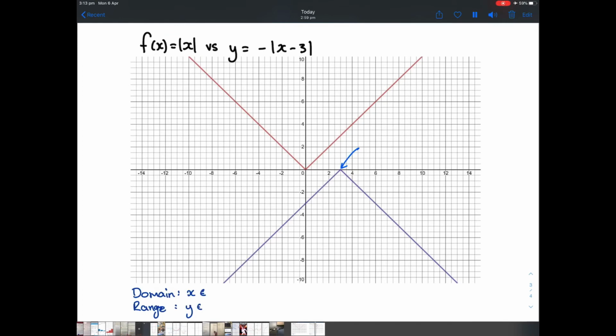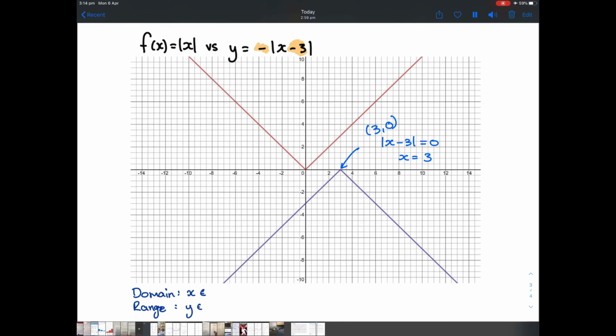That sharp point now has the coordinates of 3, 0, not 0, and that's because the absolute value of x minus 3 is equal to 0 when x equals 3. So again, putting something inside the absolute value symbol has made our graph shift, and in this case it's shifted 3 units to the right.